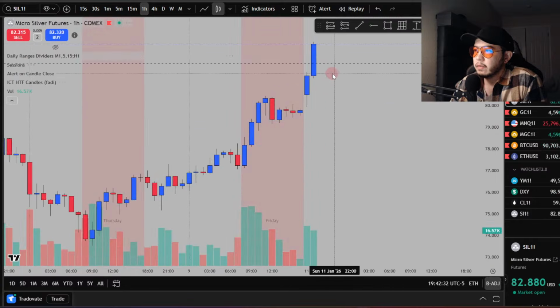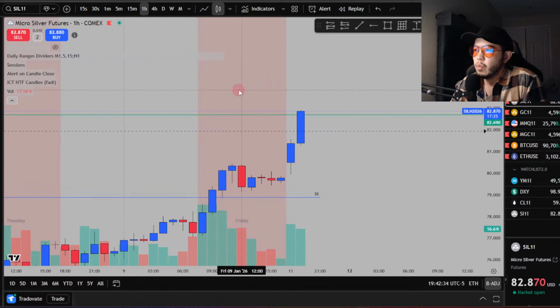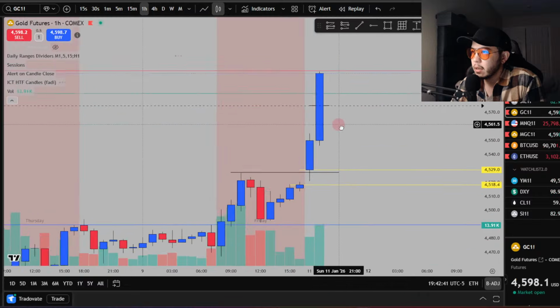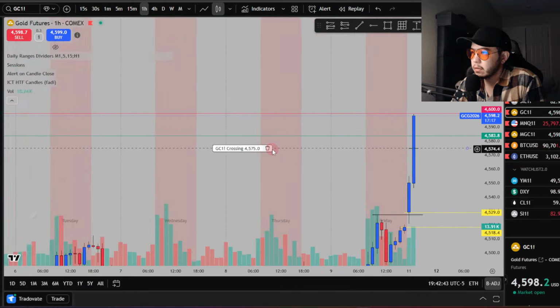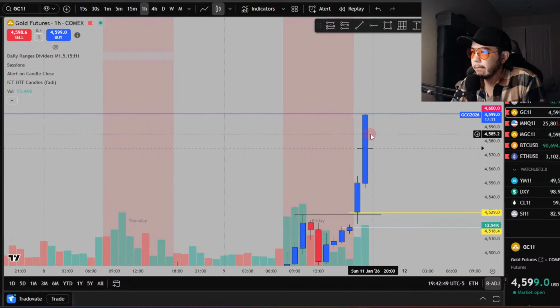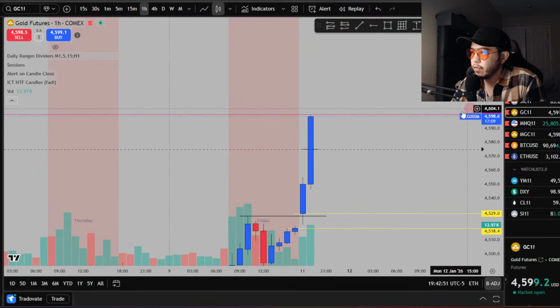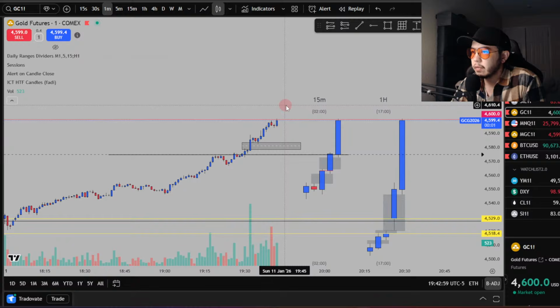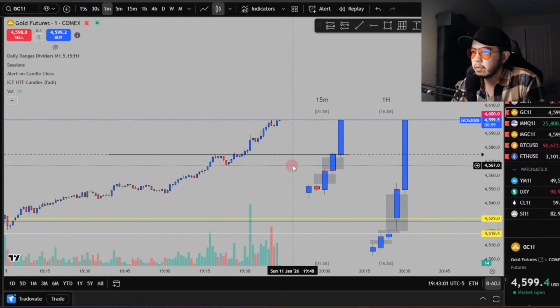Let's see if the silver gives us anything. Nope. Oh, silver just took all-time high. So silver took all-time high. Gold took all-time high. So I'm going to get rid of that line. I put 4,600 here because of the psychological number, and we just took that area out, so we get rid of that.